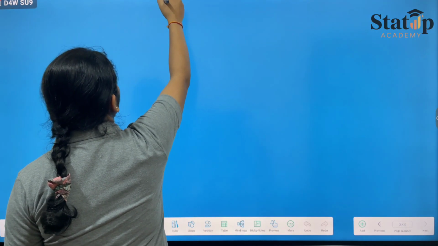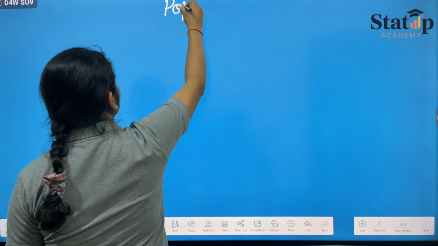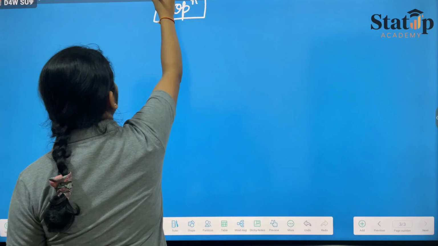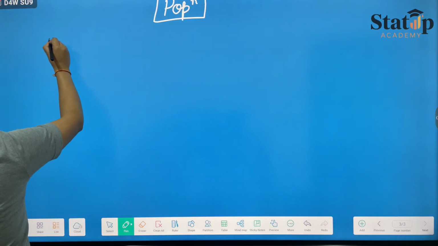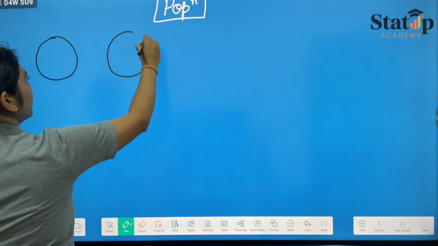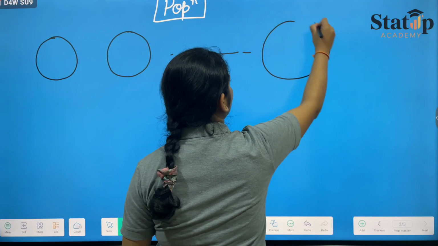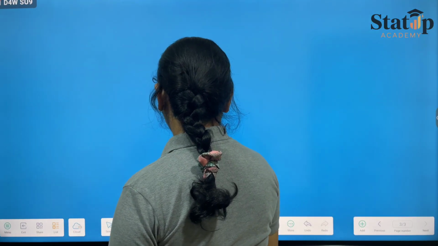First of all, we select the population. In the population, suppose we have N clusters, capital N. Or let us draw with the ruler.